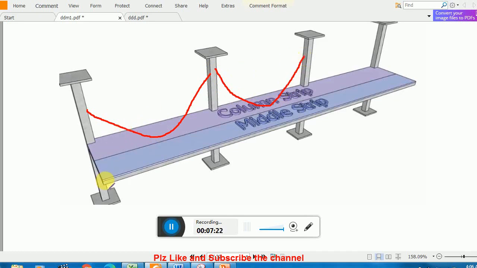And here you see the movement is 0, then going positive, then at the column face line the movement is again negative, and then again positive, and at the column line the movement is going to be negative again. You just join these lines, and you get your moment diagram, which will look like this shape.